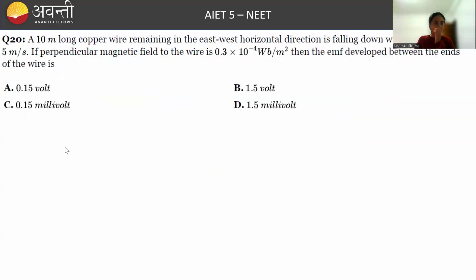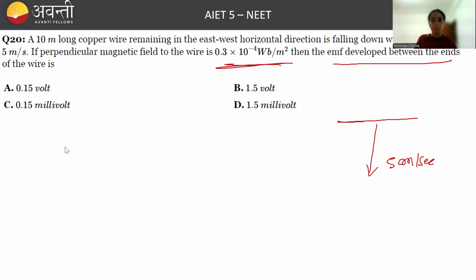Now, a 10-meter long copper wire lying in the east-west direction. So that is in the east-west direction, and it is falling down with a speed of 5 meters per second. If the perpendicular magnetic field to the wire is this much, then what is the EMF developed between the ends of the wire?